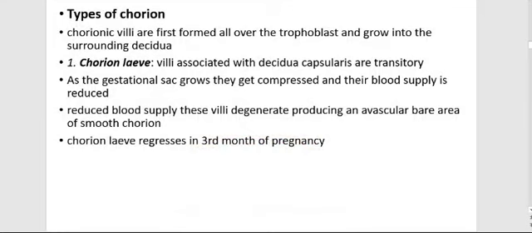We'll get to know that. These finger-like projections will develop around the whole circumference of the chorionic sac, projecting into the decidua.